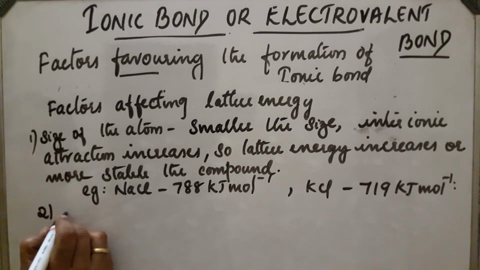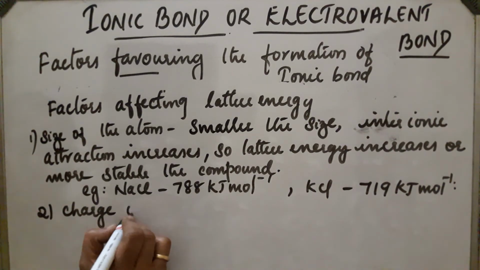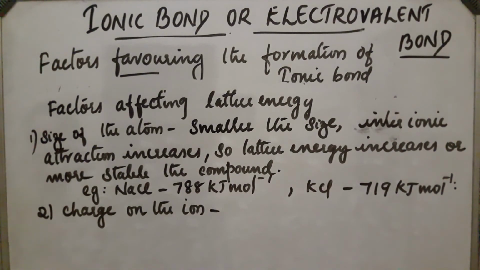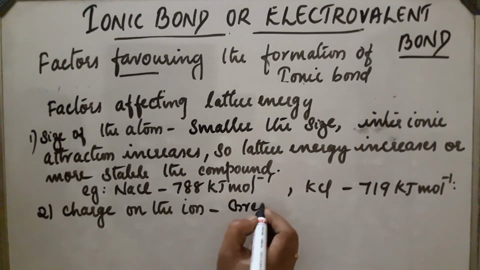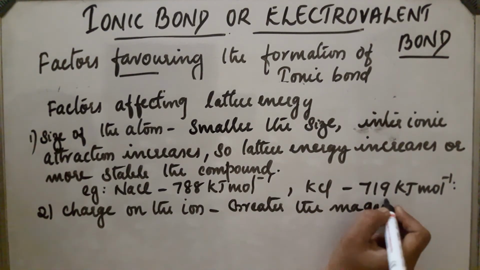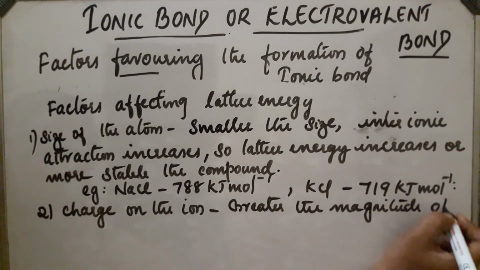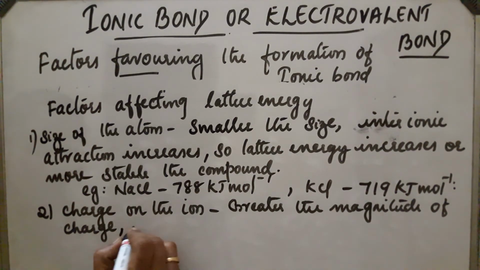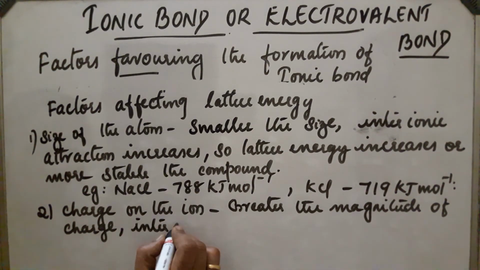Now, second one is charge on the ion. Larger the magnitude of the charge, the attractive force between them will be more. That means lattice energy increases and the compound is more stable. So, greater the magnitude of charge, inter-ionic attraction increases.